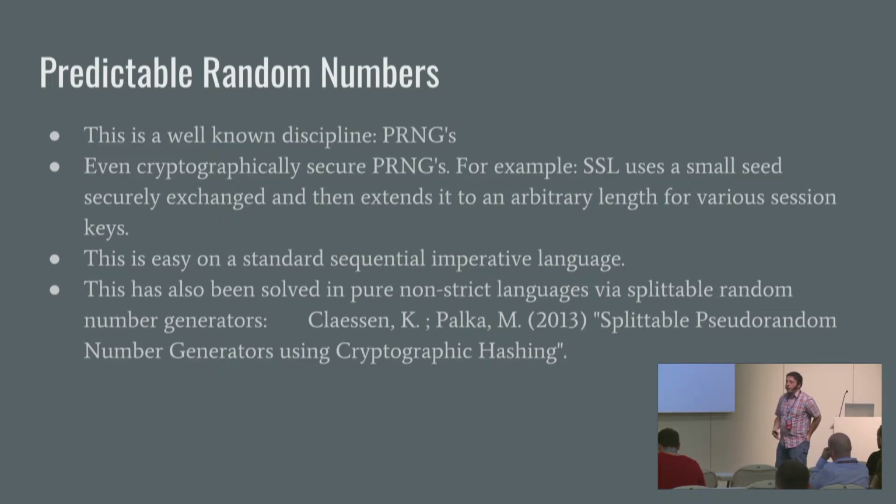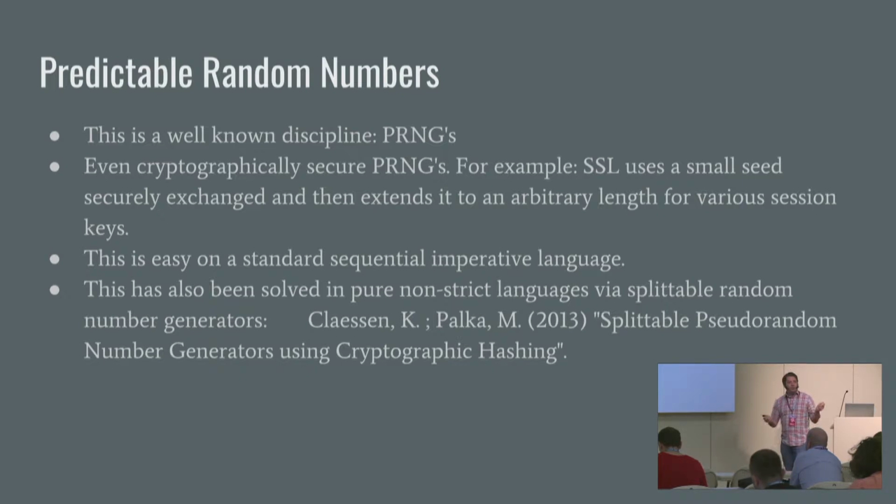So using a PRNG to do something like this is straightforward in a standard sequential imperative language. I would be surprised to find an imperative language that didn't have a random number generator library already packaged with it.